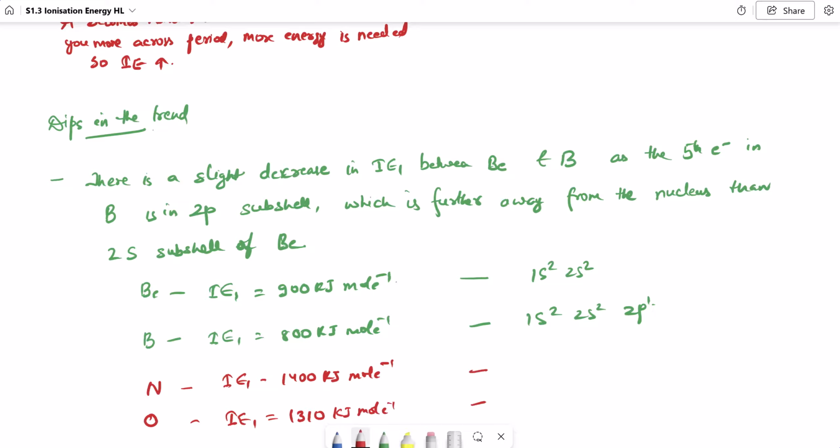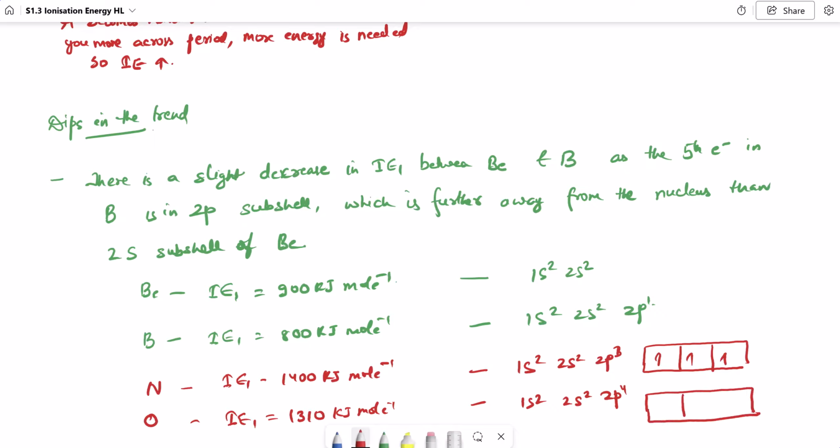And if you see the electronic configuration, nitrogen is 1s2, 2s2, 2p3, and oxygen is 1s2, 2s2, 2p4. If I show the orbital arrangement of the p subshell, there is 1 electron here, 1 here, 1 here, and in oxygen 1, 2, 3, 4, right? So there is a slight decrease in the first ionization energy here.